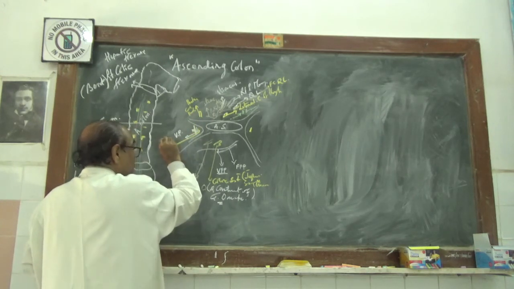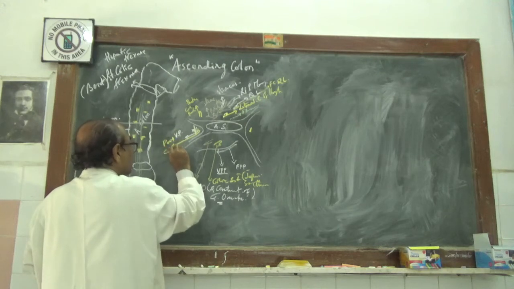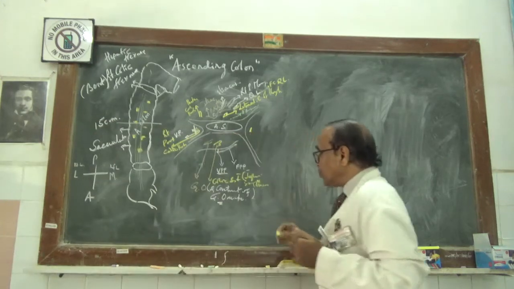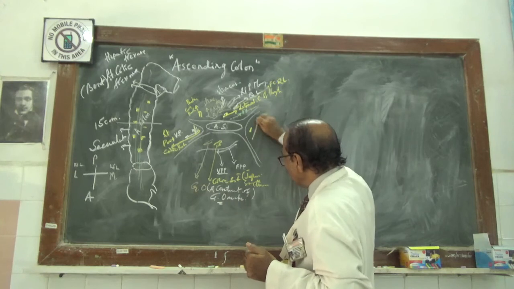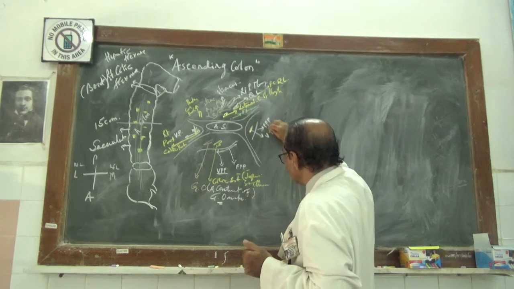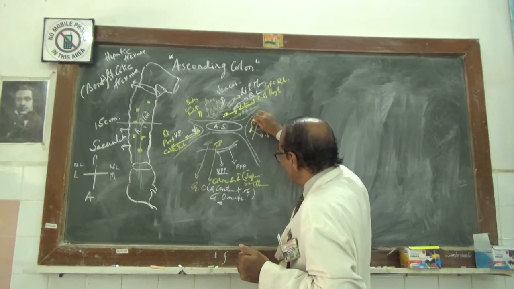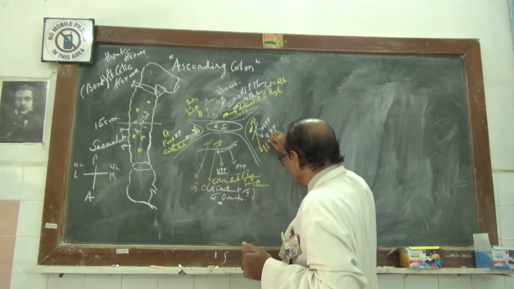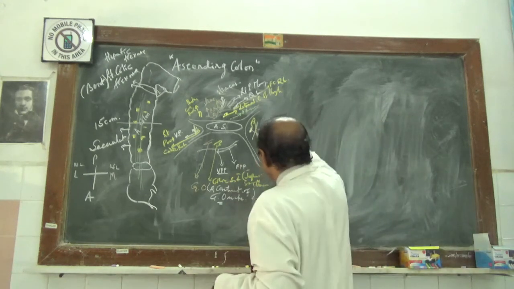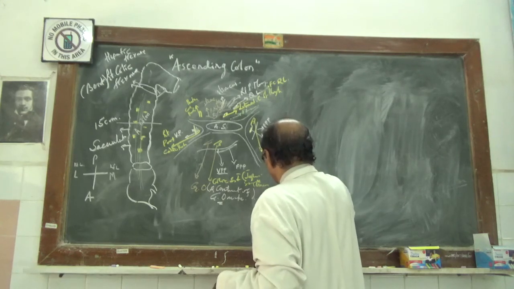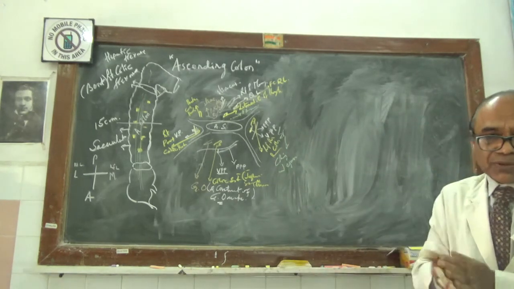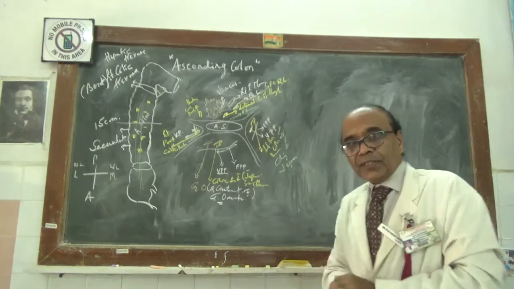Then once again the parietal part of the peritoneum, the visceral part, to get into your ascending colon.